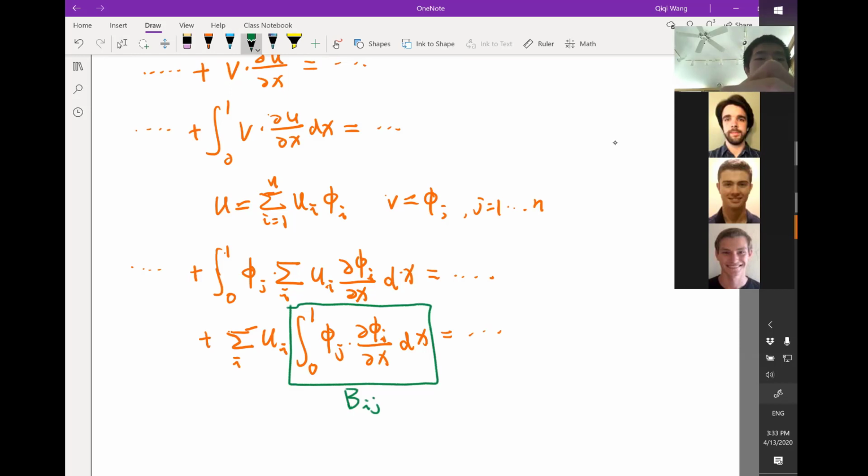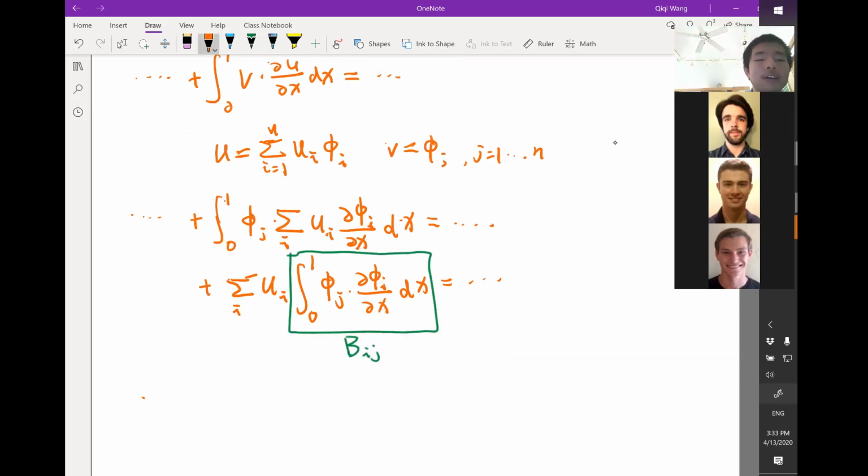Essentially at the end, you're going to get a lot of other terms plus this B matrix times the U vector equal to other terms. The other terms may involve the stiffness matrix, the mass matrix, and things like that.